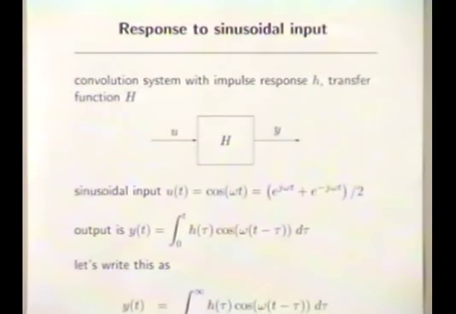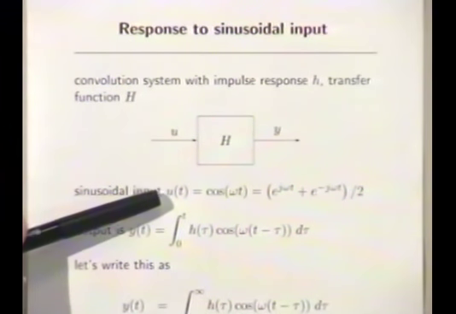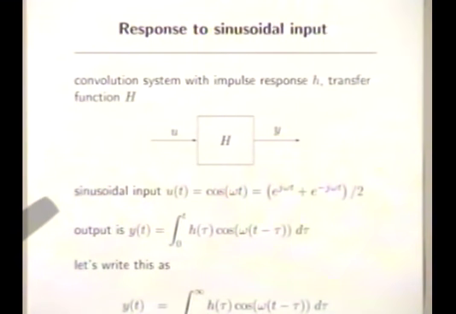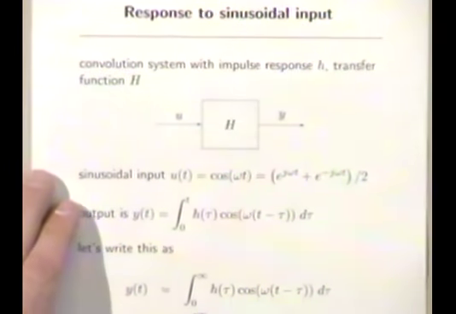What you do is imagine you have a convolution system here, and you apply a sinusoidal input. Well, what will the output be? The first guess would probably be, well, the output is sinusoidal. Turns out that's false. What is true is that the output converges to something sinusoidal. So we'll see how that works.